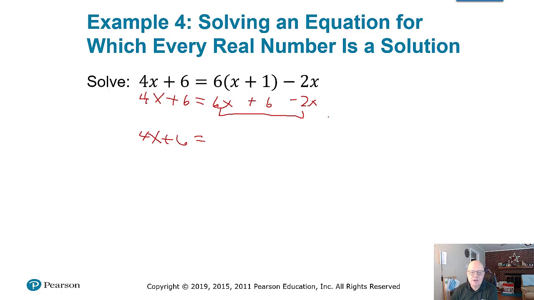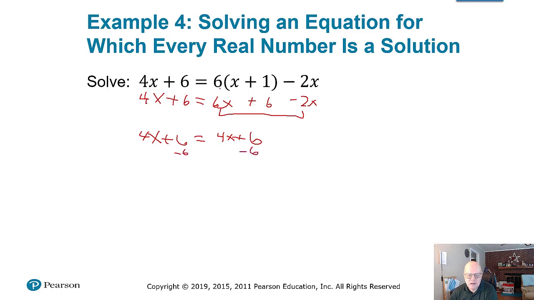So 6x minus 2x, that's 4x. We've still got the plus 6 there. And look at that. We've got the same thing on both sides. It's not going to matter what our x is. If we take it a little bit further, we can subtract 6 here, subtract 6 there.